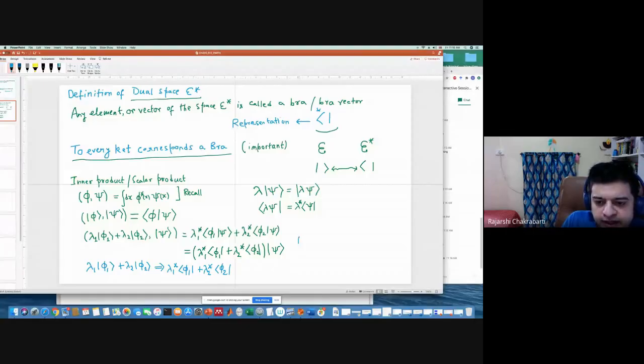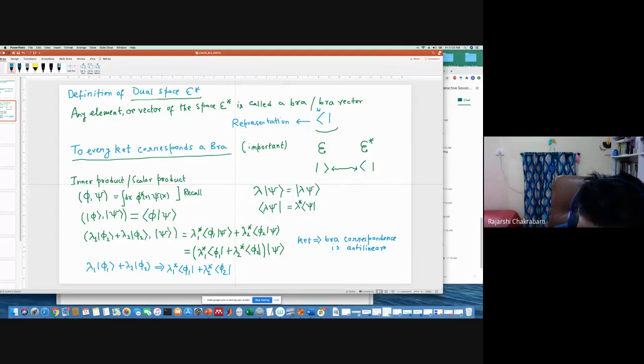So it tells you that, I told you that for every ket there is a bra, so the ket to bra correspondence is antilinear. I did not mention the antilinear thing before.